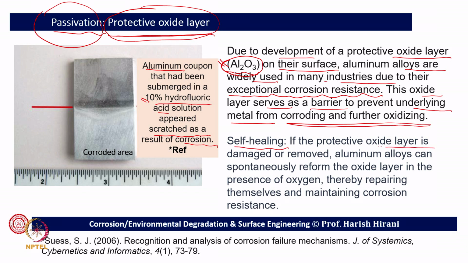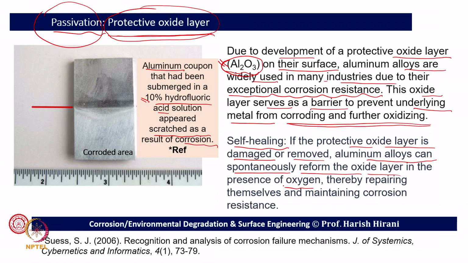We say if the protective oxide layer is damaged or removed for one reason or another, maybe suddenly sliding occurred or increased significantly, or there was some sort of fluid induced removal of the layer, that is a possibility. So, in that situation aluminum alloy can spontaneously reform the oxide layer in the presence of oxygen.